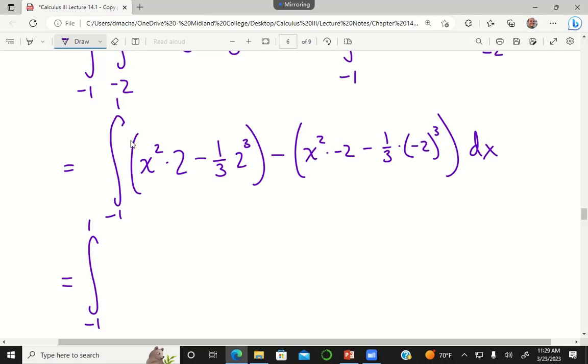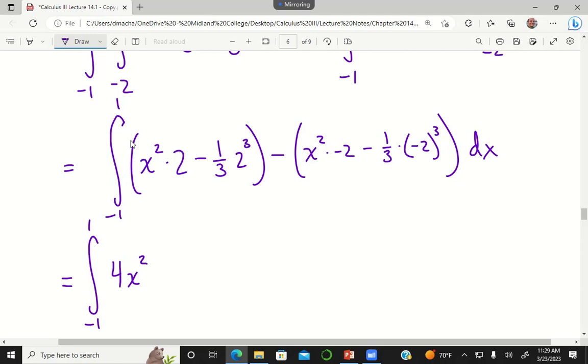So I'm going to simplify and collect like terms. For my x squared terms, I've got 2x squared plus another 2x squared, so I could write 4x squared. And then for my constants, I've got minus 8 thirds, and then another minus 8 thirds.